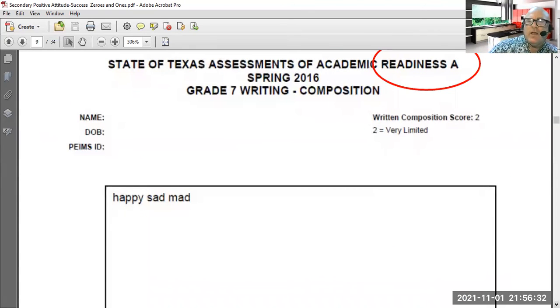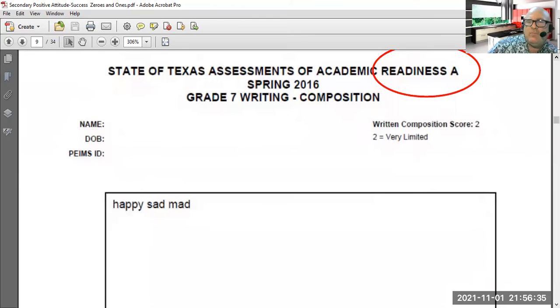And so I'm not sure, like in my personal opinion, if you just write happy, sad, and mad, I don't think on short answer, open-ended, respond to a question, that happy, sad, and mad are going to cut it on a 3rd through 8th grade response. It's not going to cut it on 9th or 10th grade. Perhaps the standards were different on readiness. I was a little bit confused with that.